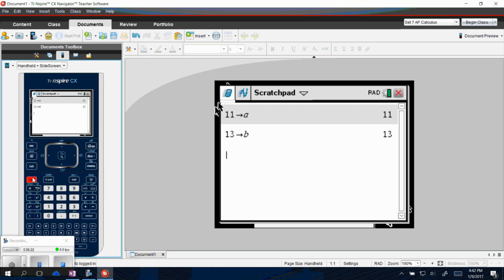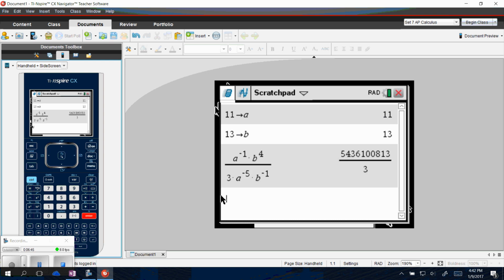And I'm going to type my original expression as a to the negative 1 and b to the 4th, and 3 times a to the negative 5 times b to the negative 1. So a represents x, y represents b, and I get this crazy number.